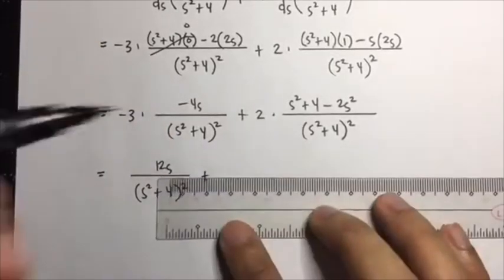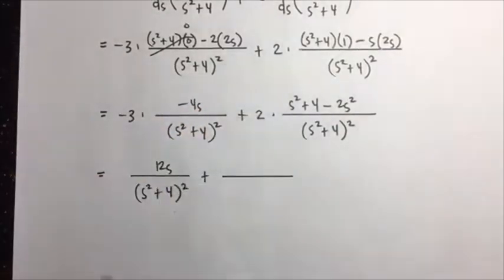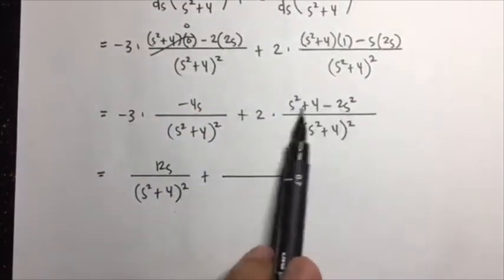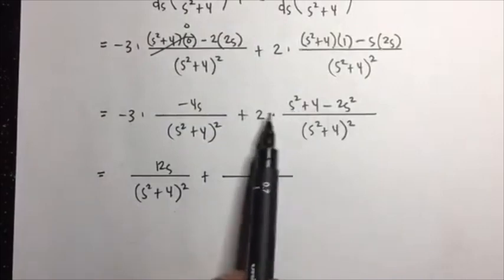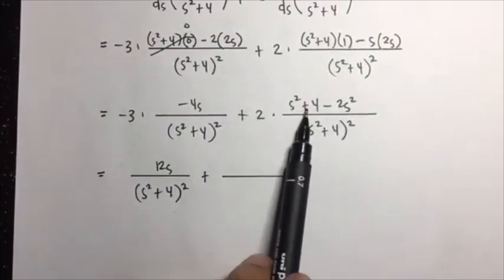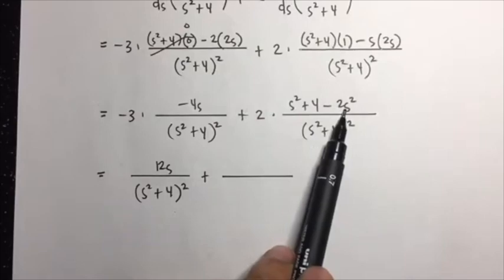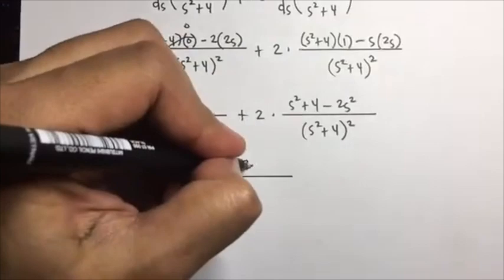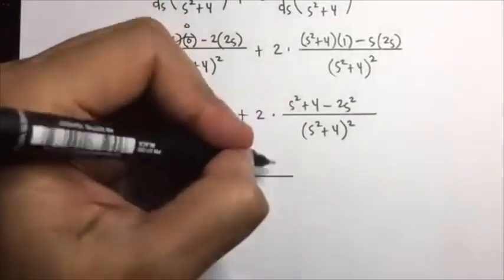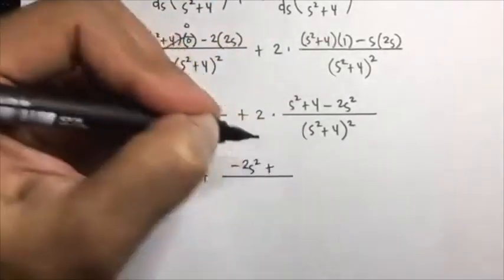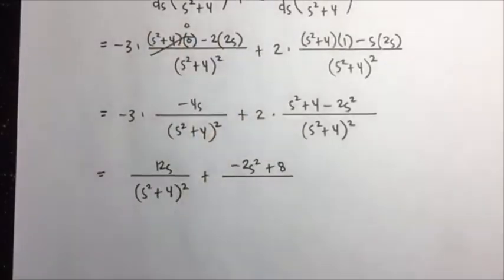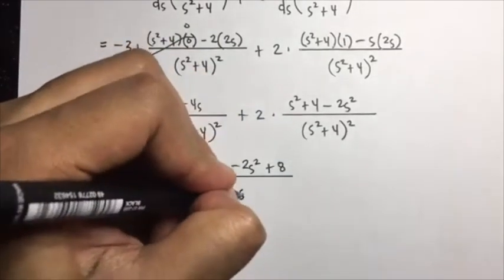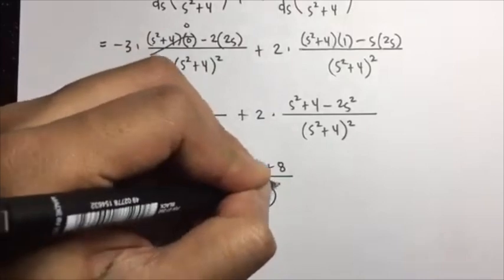Then this will become plus, distributing 2 on each term, 2s squared plus 8 minus 4s squared, so this will become negative 2s squared plus 8, over s squared plus 4 squared.